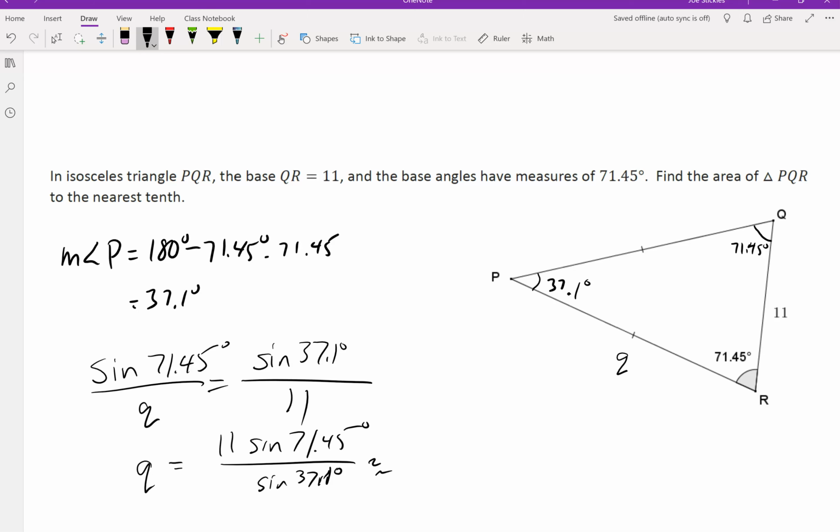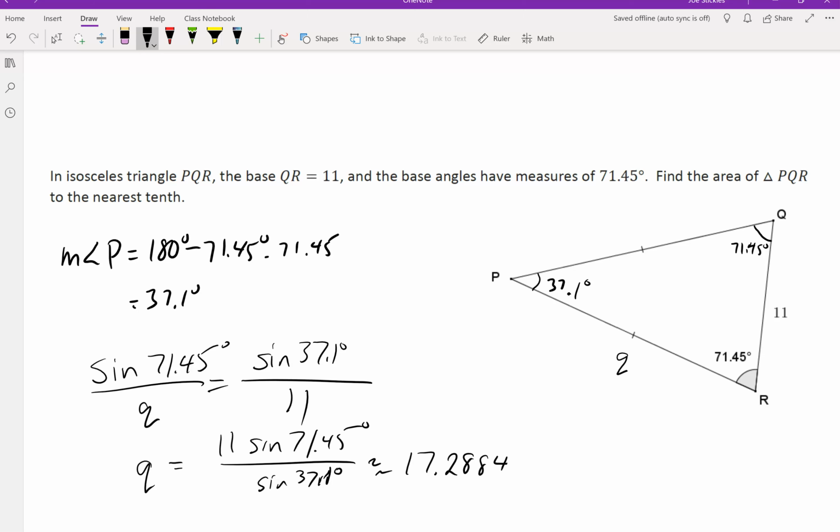And if we type all that into the calculator, let's see what we get. Divided by sine of 37.1, we get 17.2884. Which means the other side is also 17.2884.